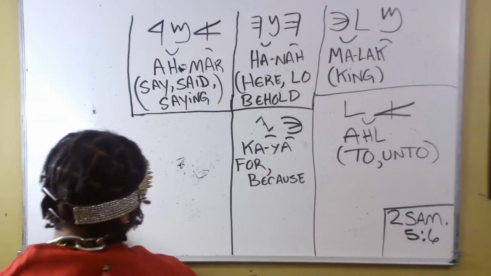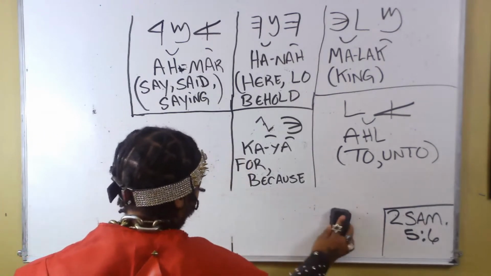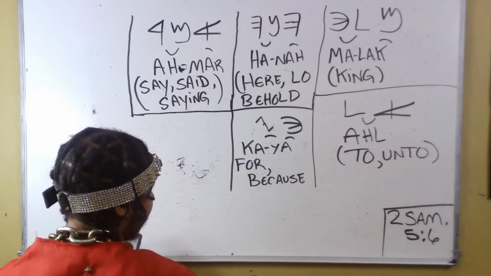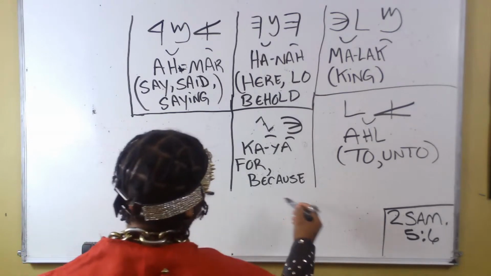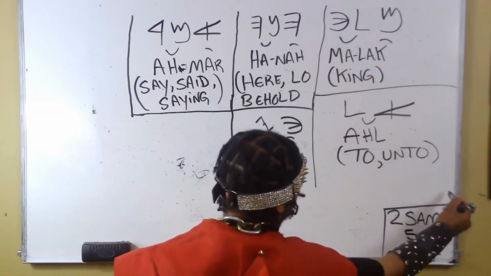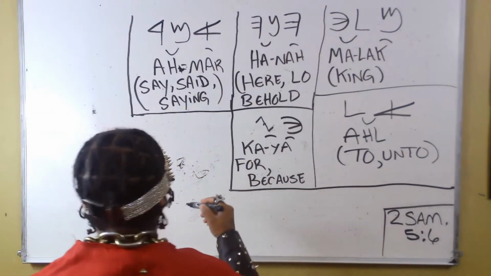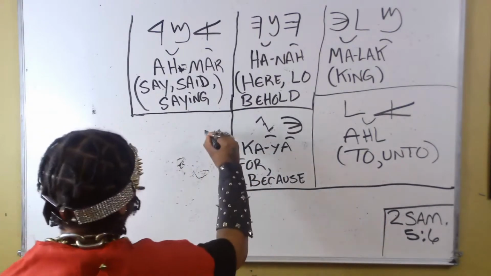Let me see what I can put down here. See if I can get something down here. Who knows? I might be able to. Okay, the next word is arataza.